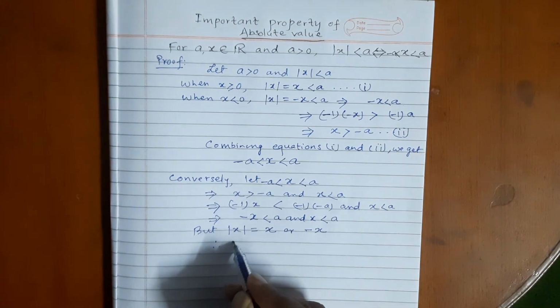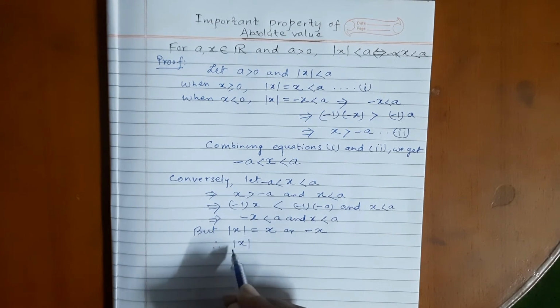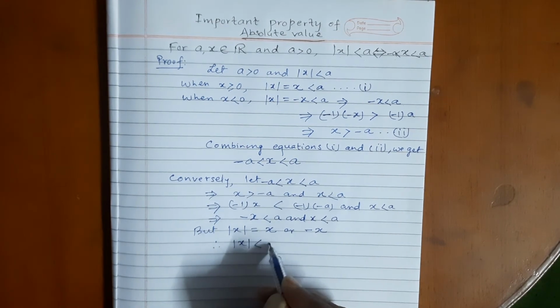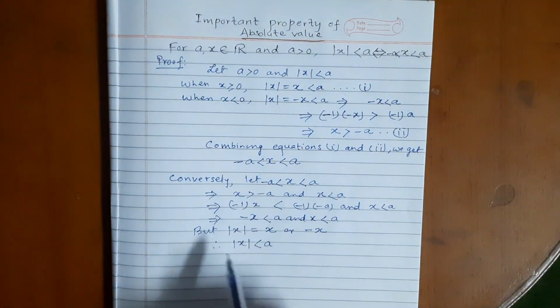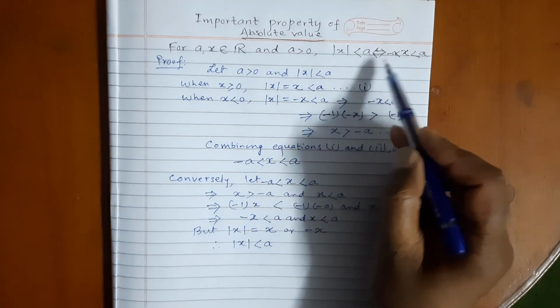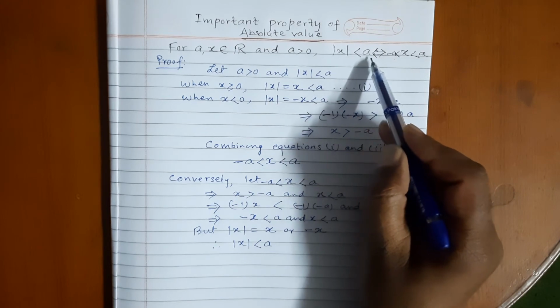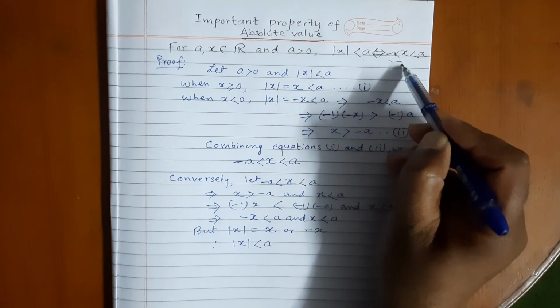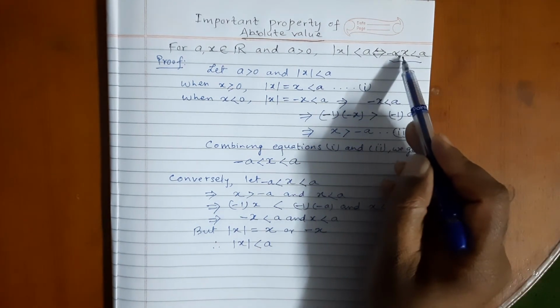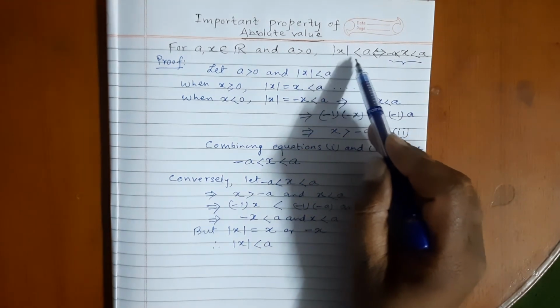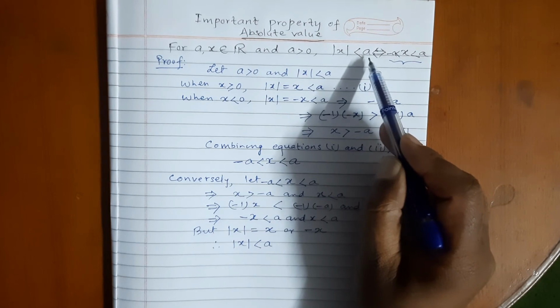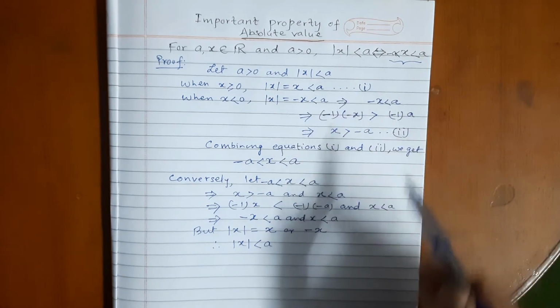Therefore we can write absolute value of x is lesser than a. So from the converse part also we have proved absolute value of x lesser than a. We took x bigger than minus a and lesser than a, and we were able to show absolute value of x is strictly lesser than a.